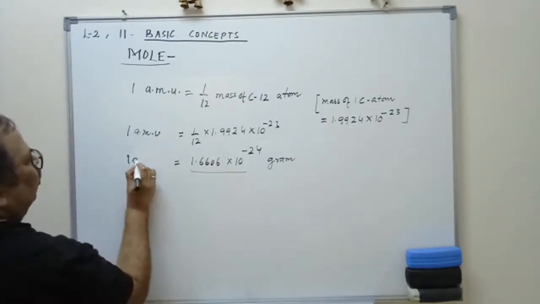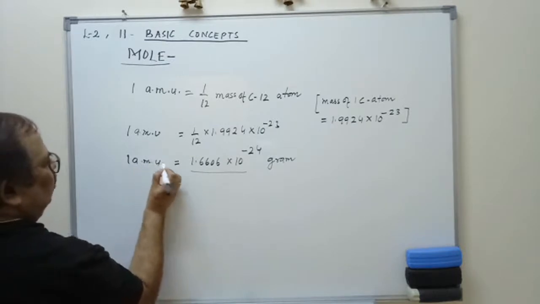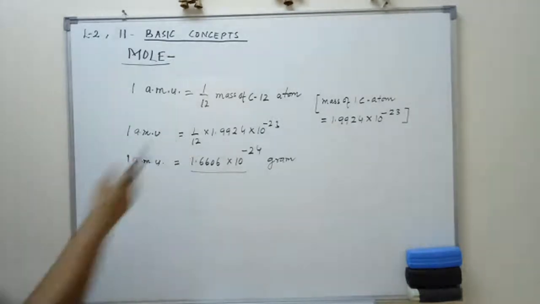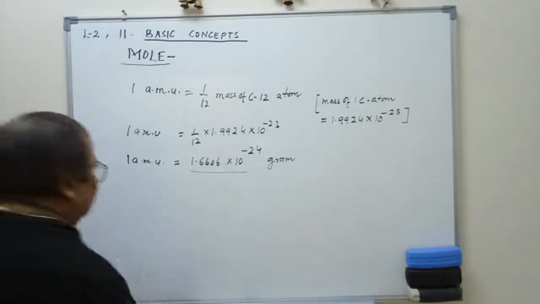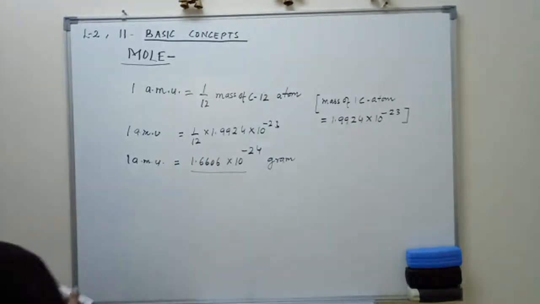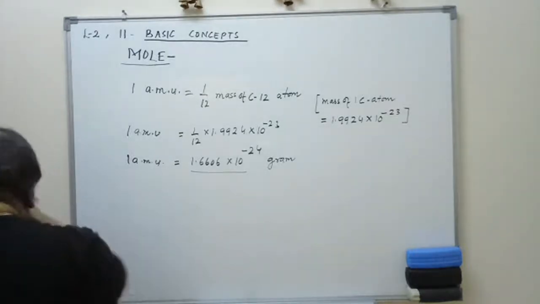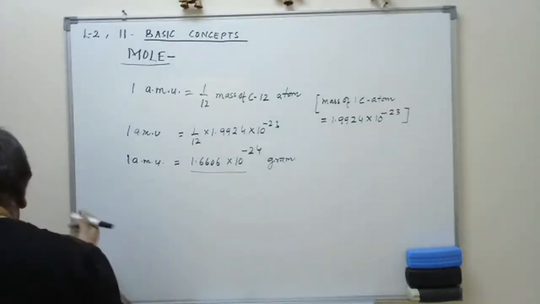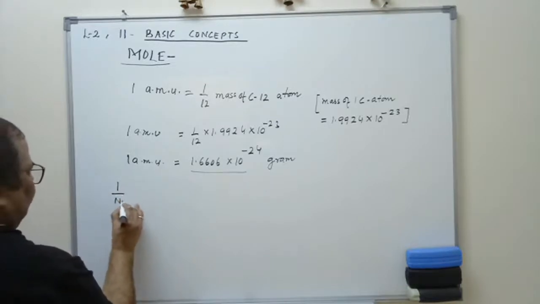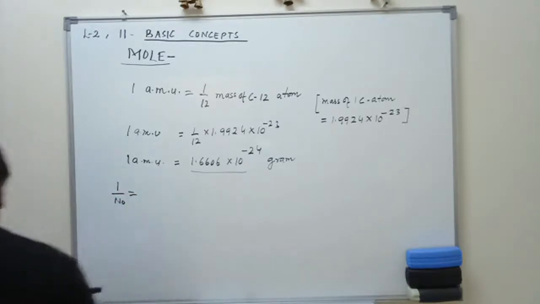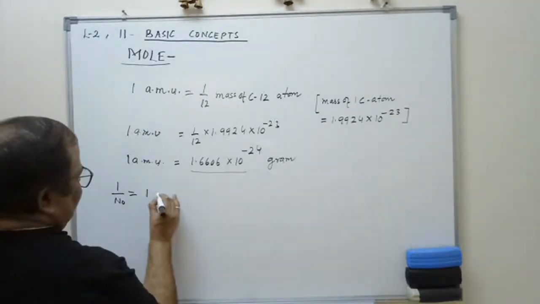Now, in examination, how the question is being asked, this unit sometimes is asked by another name. This is 1 upon N0. What is this termed as? This is termed as 1 AMU.